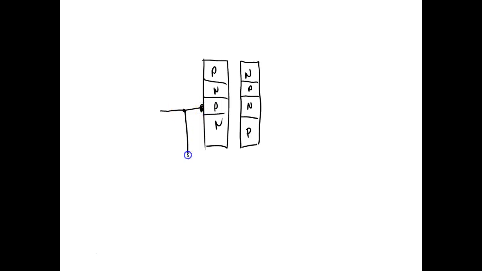So I will gate it right here, and then I'll gate it right here. These two are connected together, and this is called MT2. These two are connected together, and this lead is called MT1.